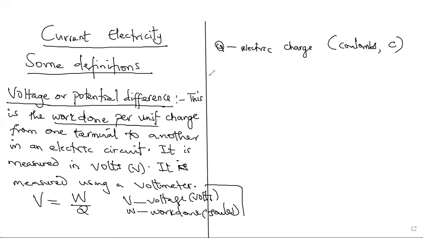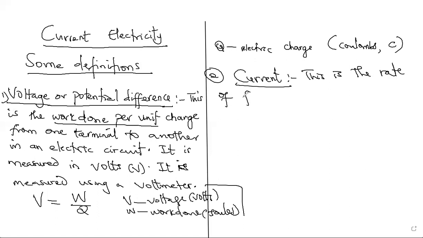Then the second one will be current. Current is the rate of flow of electric charges through a conductor.